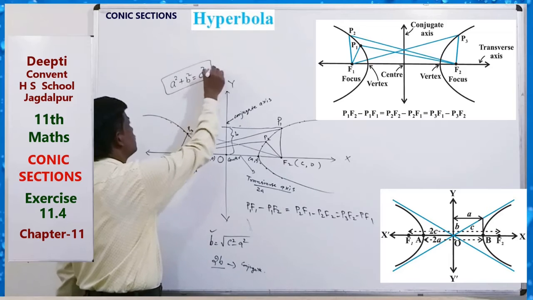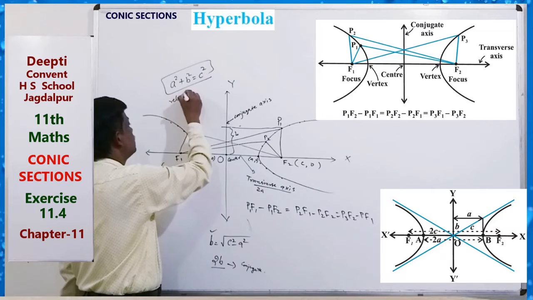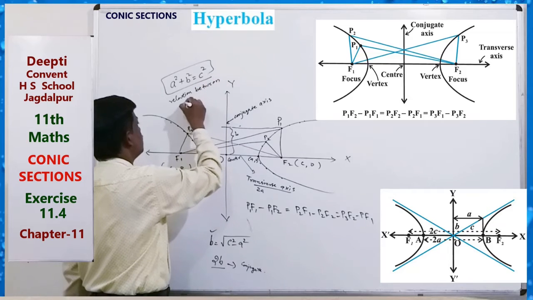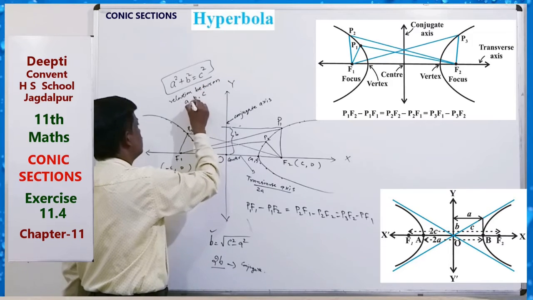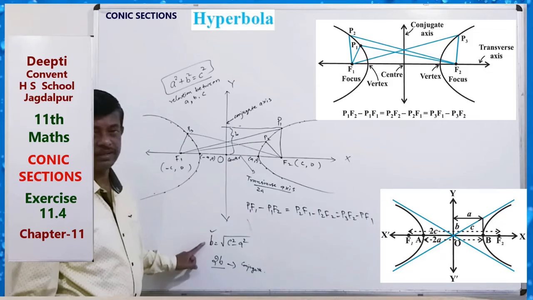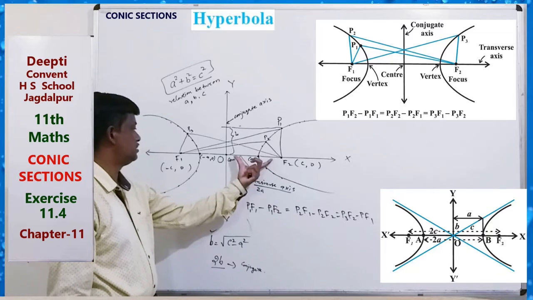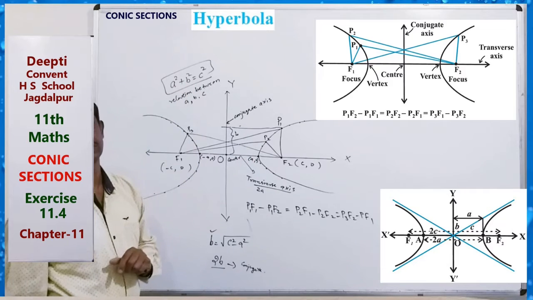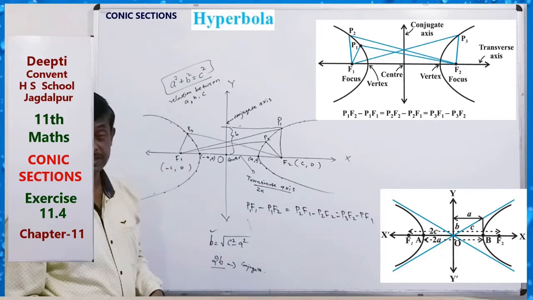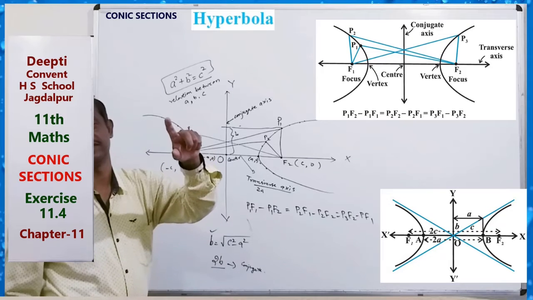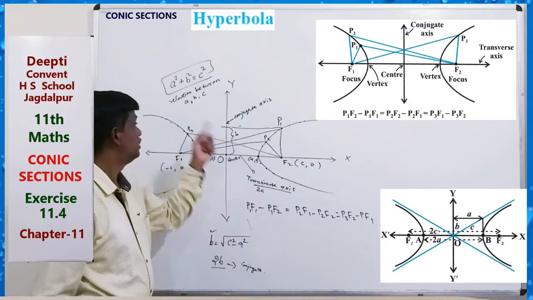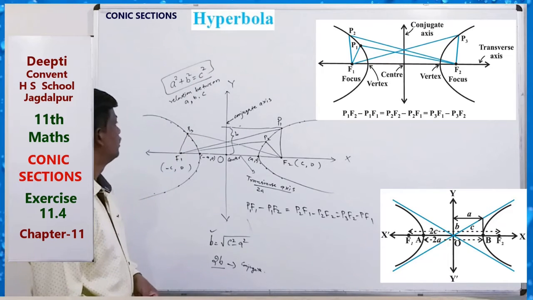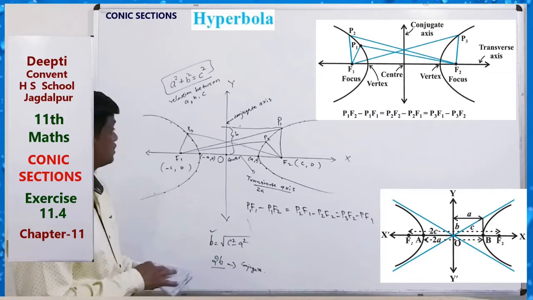This is the relation between a, b and c: b is defined by this, a is this distance, c is this distance. In the case of ellipse, a square equals b square plus c square; in the case of hyperbola, a square plus b square equals c square.